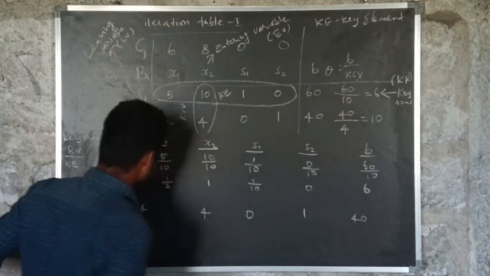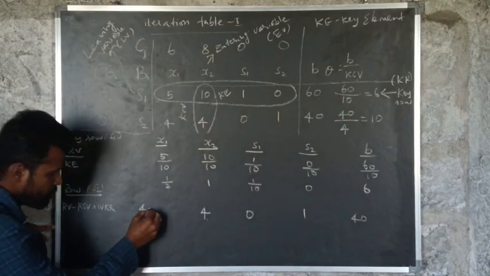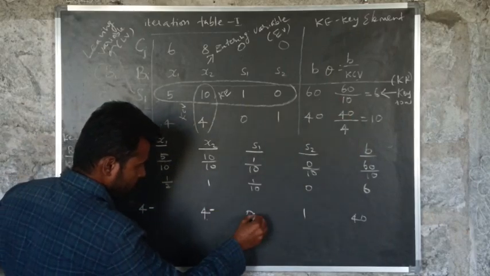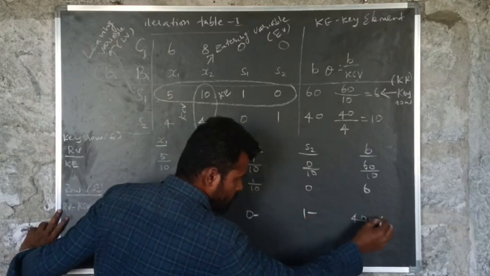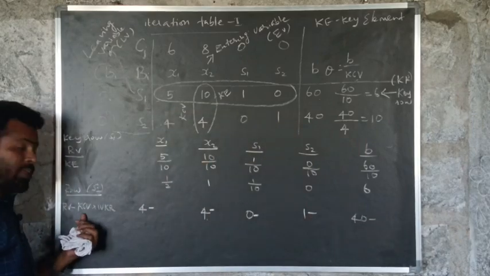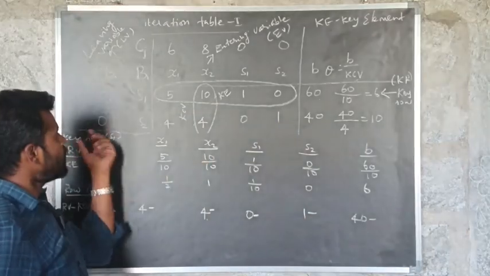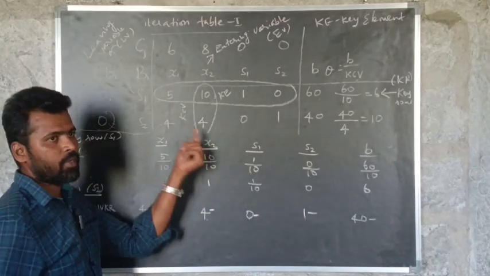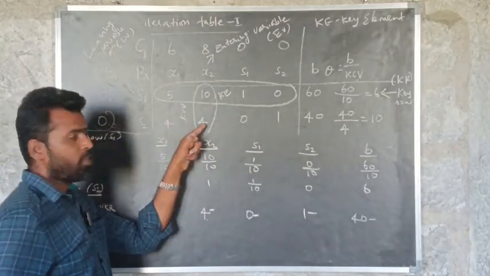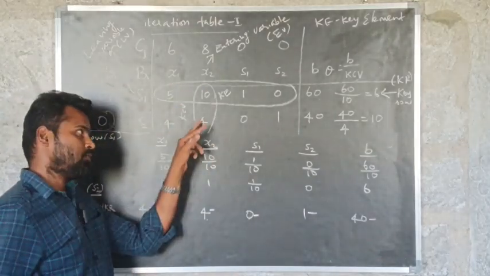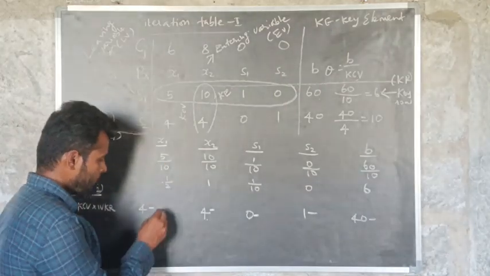Next, put a minus for all values, and then the key column value, which for the S2 row is 4. If it is plus 4, it will come as 4.